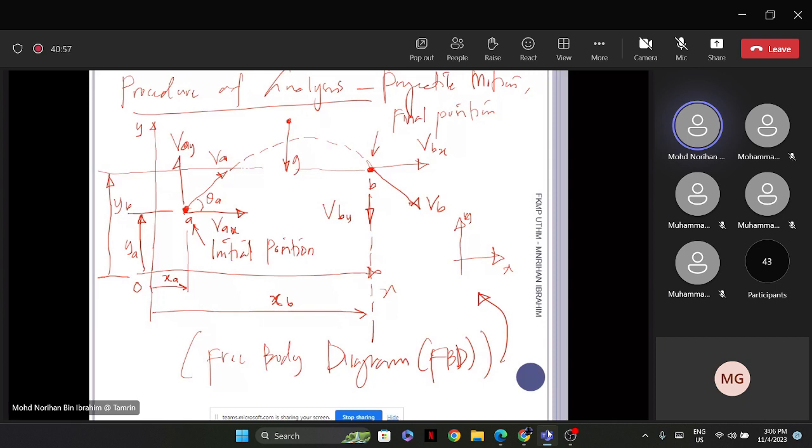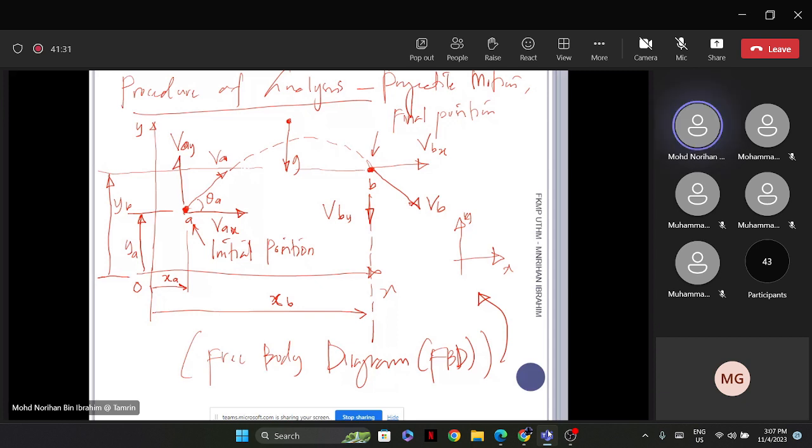You can calculate the components of the initial velocity in the x and y directions if the initial velocity is given, and we can find the components of velocity in the y and x directions for the final position. You can find the magnitude of velocity in the final position as well as its direction.